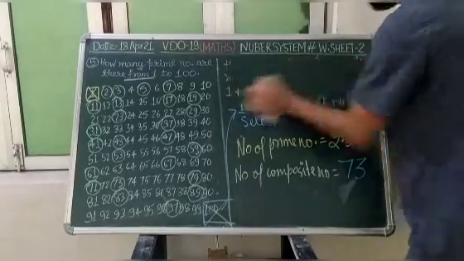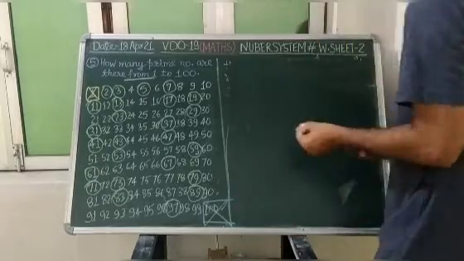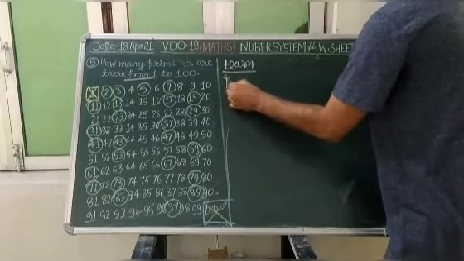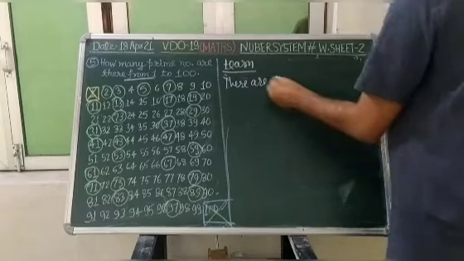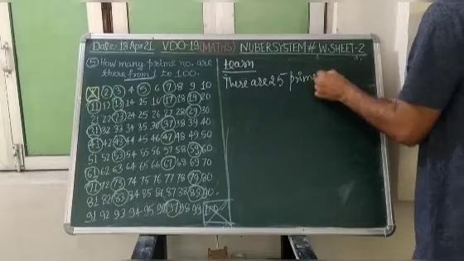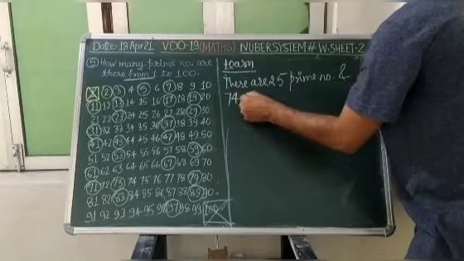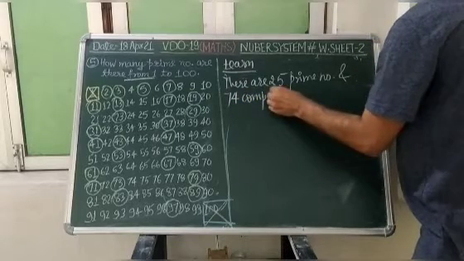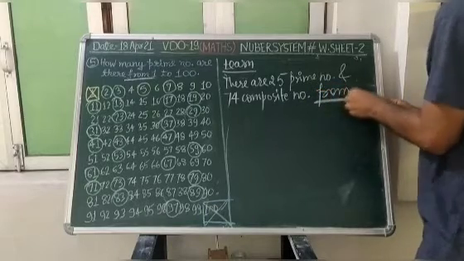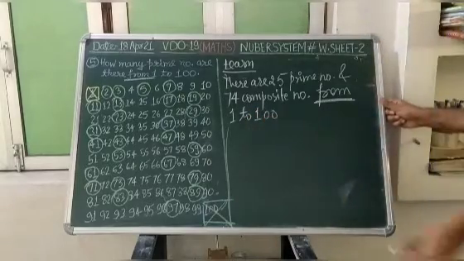So what we have got from here, I am writing here, learn: there are 25 prime numbers and 74 composite numbers from 1 to 100.